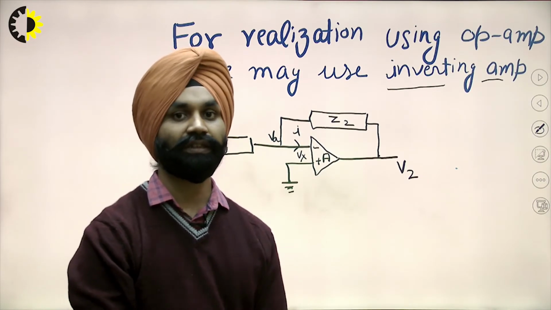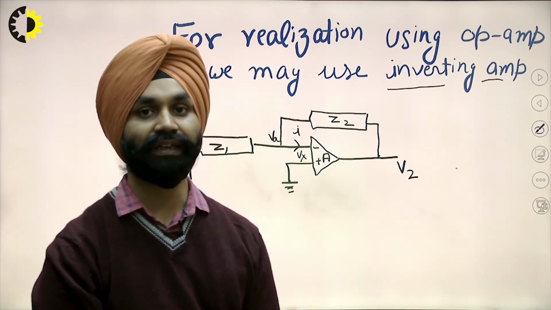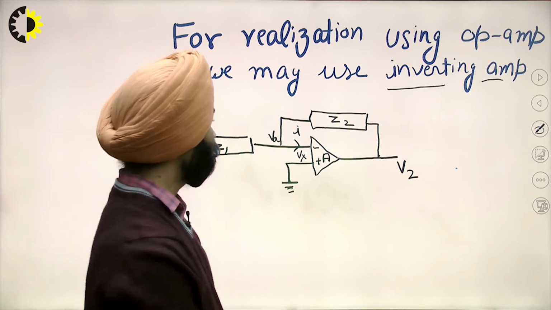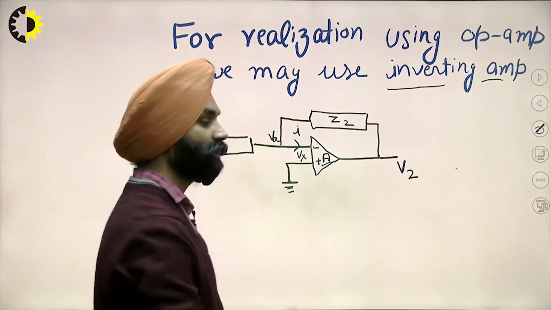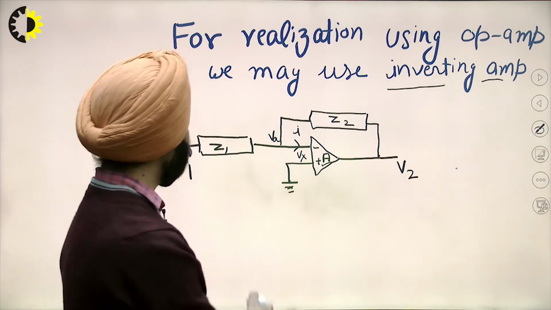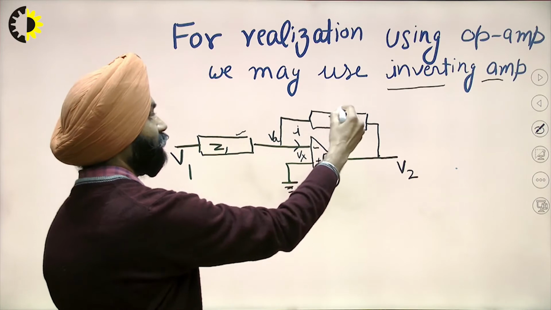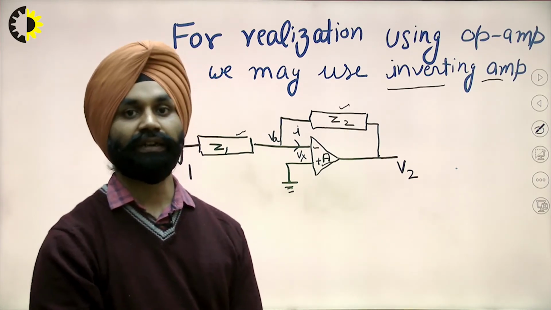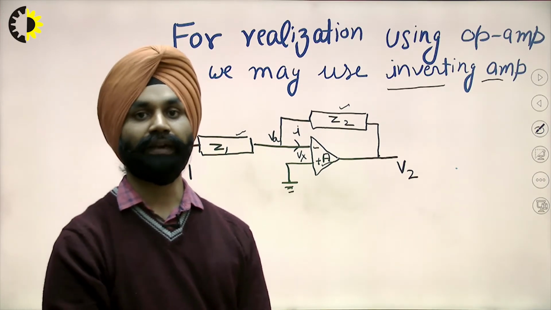So, this is a general form of an inverting amplifier, where A is the gain of this amplifier. Z1 and Z2 are the impedances that are required to implement our filter.